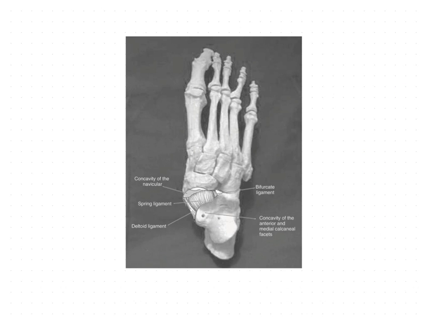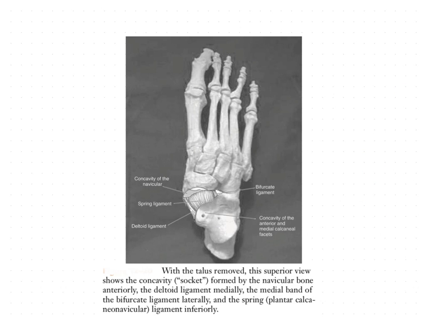Here we can find the capsule, which is reinforced medially by the lateral band of the bifurcate ligament, also known as the calcaneo-cuboid ligament.